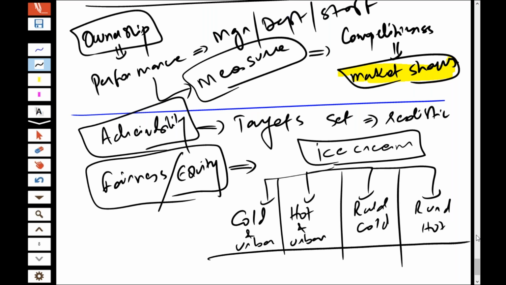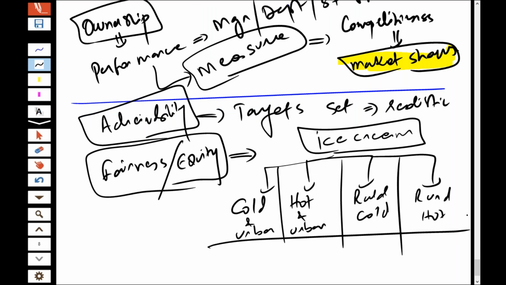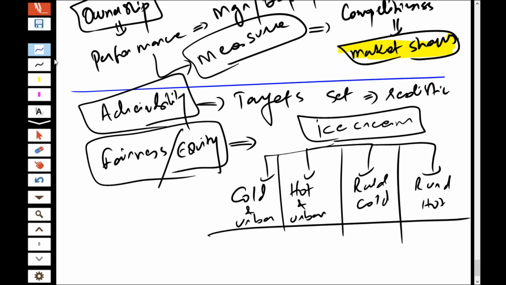You have got these 4 different types of regions in your country. Surprisingly, the population of each location is 10 million people.